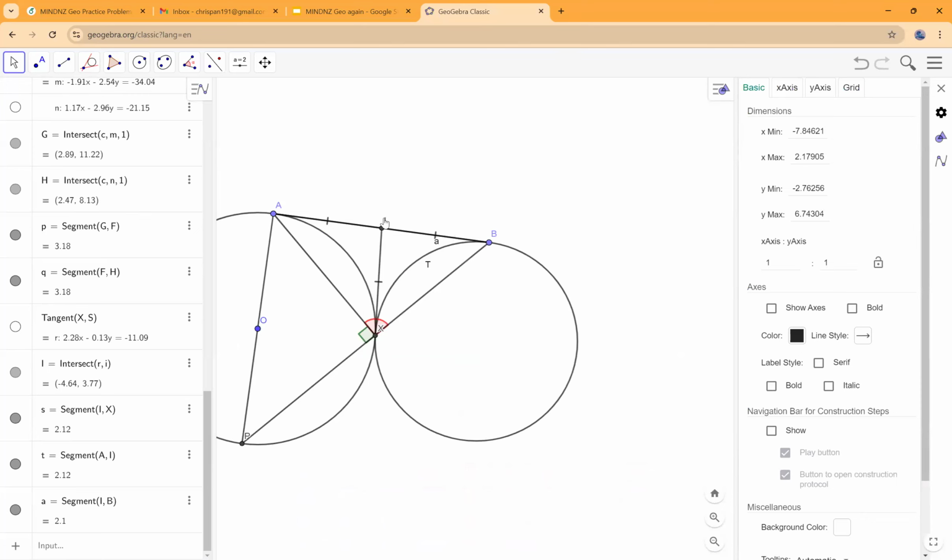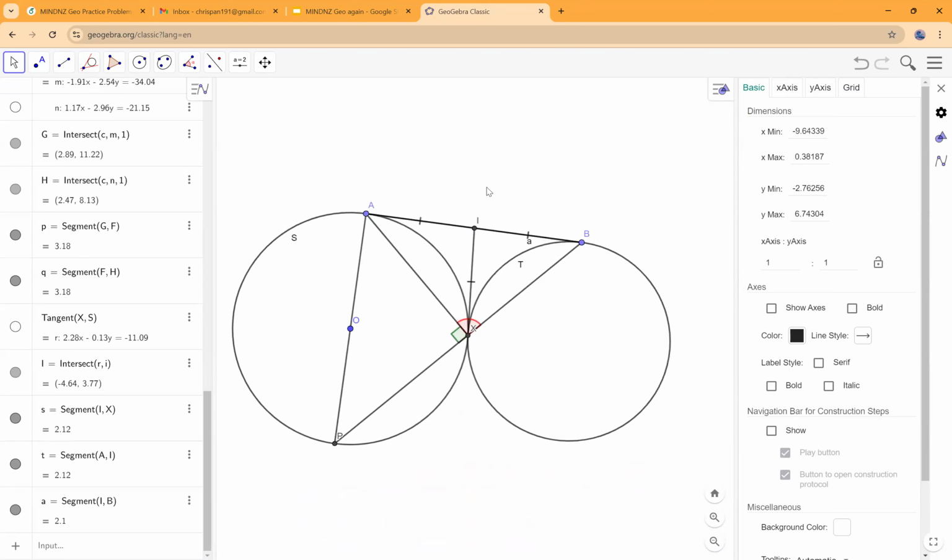IX here and IB, because they're both tangent to T from the point I. Okay, so we have our setup here now, right? Where we have our triangle AXB, and we have these three equal lengths. And whenever you have something like this, you know automatically that it's actually a right triangle.